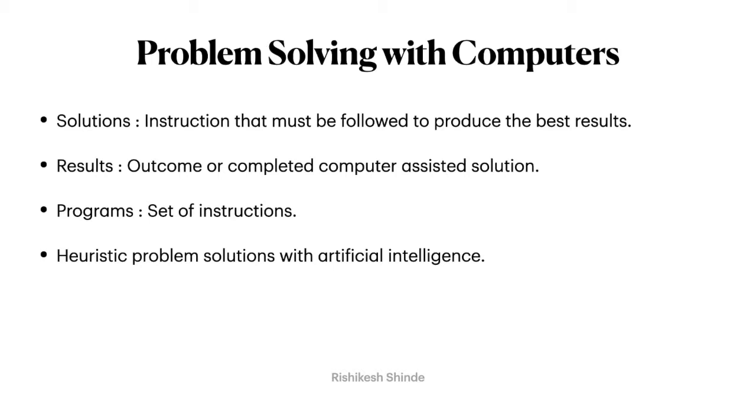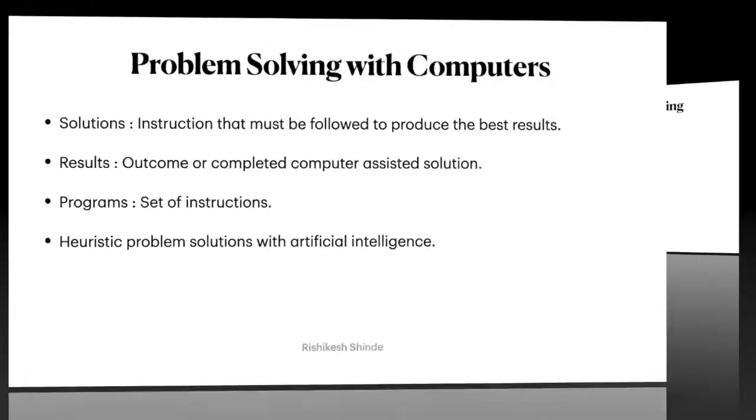To solve heuristic problems in computers, we use artificial intelligence. I think everyone in the field of computer science has heard the word artificial intelligence. This artificial intelligence is used to deal with heuristic problems. These are some problem solving points with computers. These points are taken into consideration for solving a problem with the help of computers.